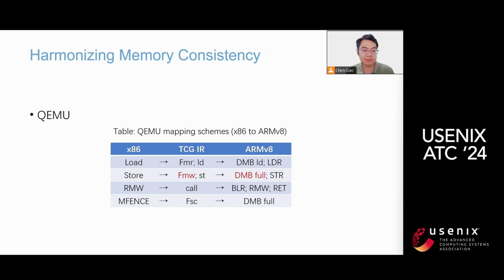However, this scheme can lead to performance loss due to the insertion of overly strong barriers. For instance, the scheme inserts DMB full before all store instructions. In practice, DMB load for load-store pairs and DMB store for store pairs will be sufficient.